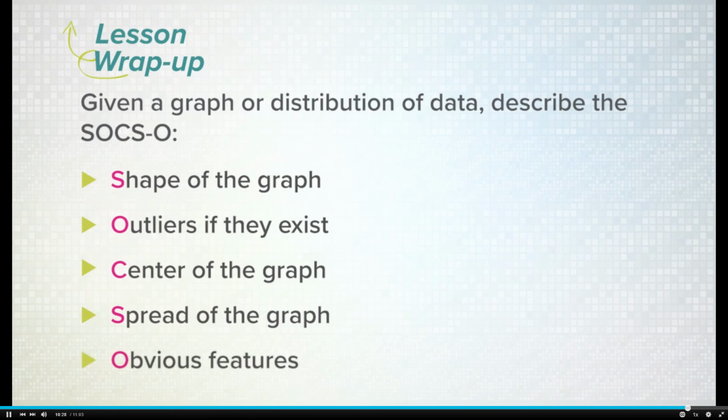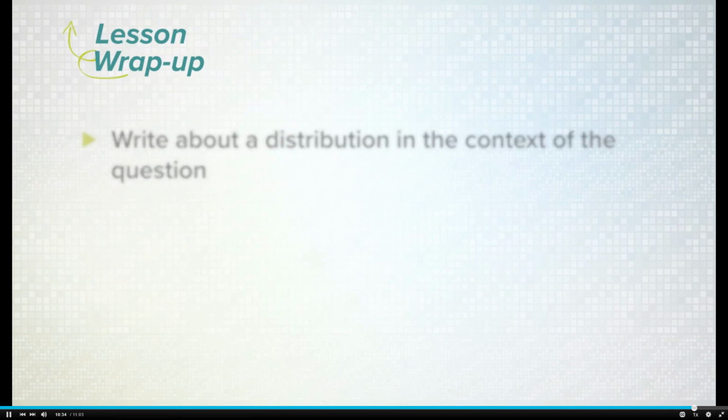In other words, make sure you address SOCS-O. In addition, you should be able to write out a distribution in the context of the question. If I read your answer, I should be able to know what the question was about.